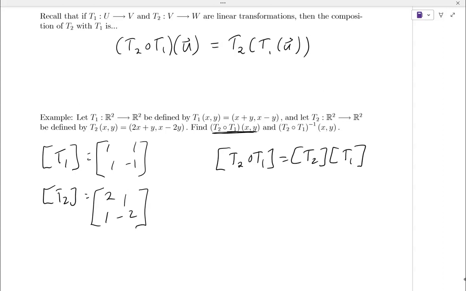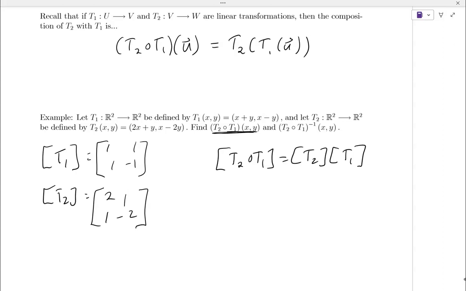Again, the way that composition is defined, T2 composed with T1 is T2 of T1 of the input, whatever the input happens to be. Well, we know that we can get the output for T1 by doing matrix multiplication, use that for the input for T2, and again do matrix multiplication.